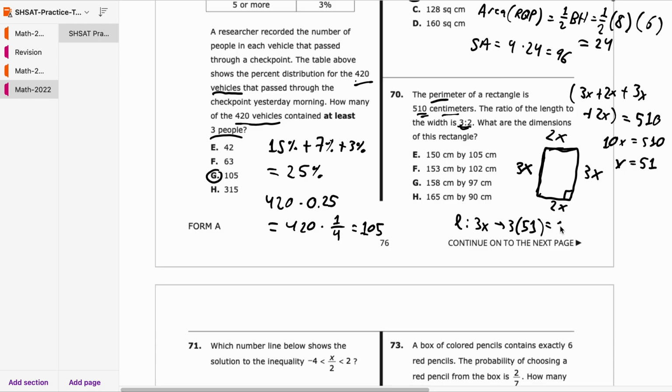So that would be 153. Okay, and then our width would be 2 times x. So that's 2 times 51, which is 102 centimeters. So therefore our dimensions of the rectangle would be 153 length and 102 width. So that would be F.